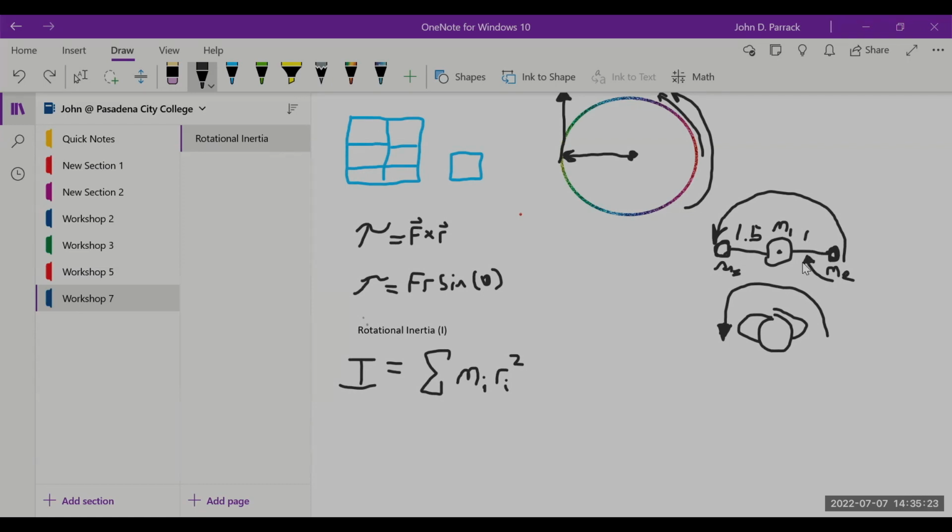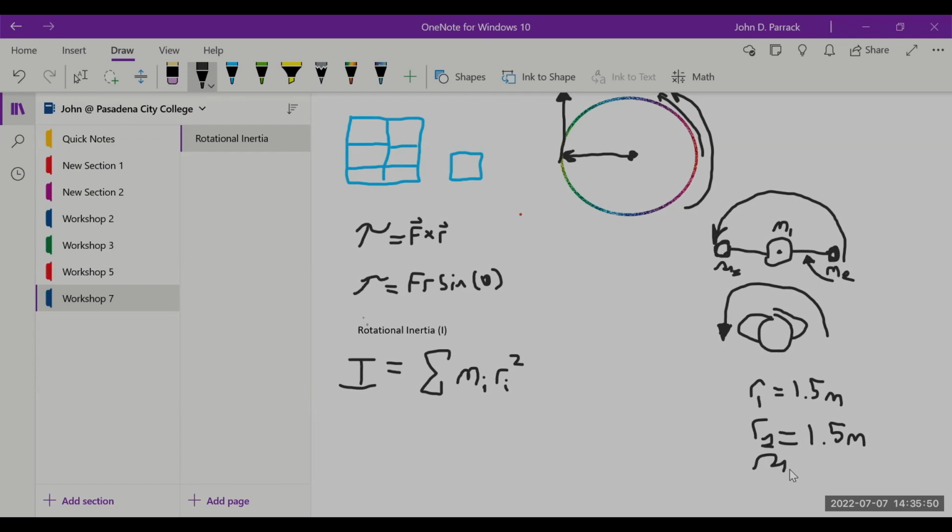My drawing is getting a little messy, but we're going to say that R1 and R2 are both 1.5. R1, my left arm, is equal to 1.5 meters. R2 is equal to 1.5 meters as well.